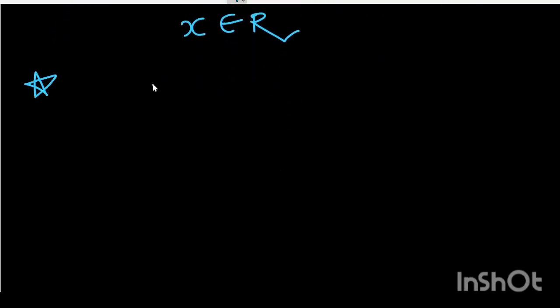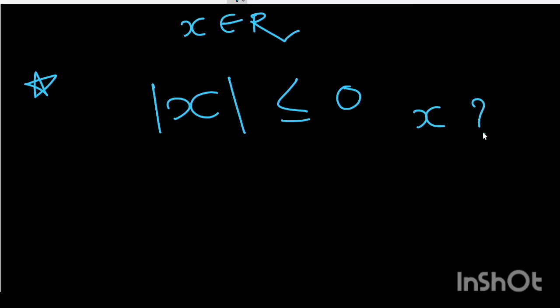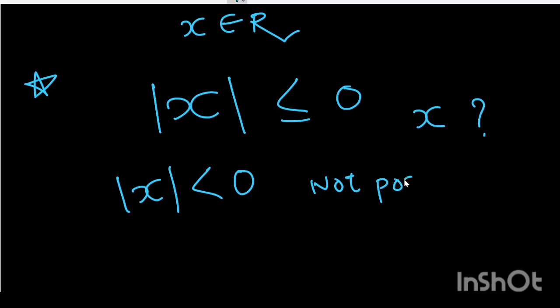Now if I ask you, what if mod x is less than or equal to 0, what is x? We know that mod x less than 0 is not possible. Why? Because mod x is a positive number, and lesser than 0 is not possible.